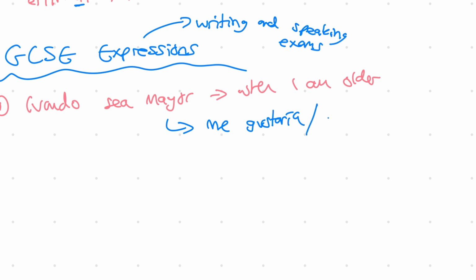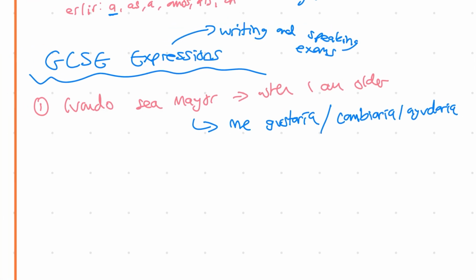So for example, cambiaría or ayudaría. So using the conditional tense with the infinitive plus the ending. This is one way of, and probably the easiest way for you guys to continue the sentence cuando sea mayor. And here you're using the subjunctive with the word sea, which is the same as soy. But again, we have to use the subjunctive in this type of sentence.